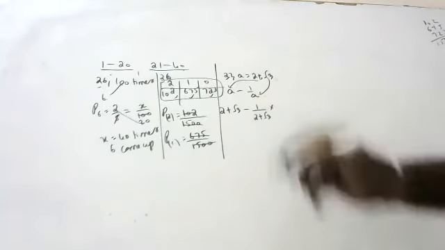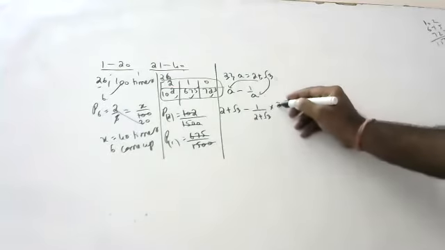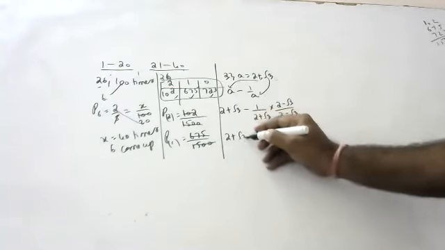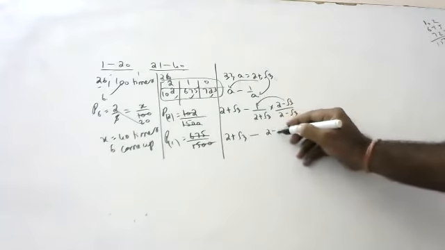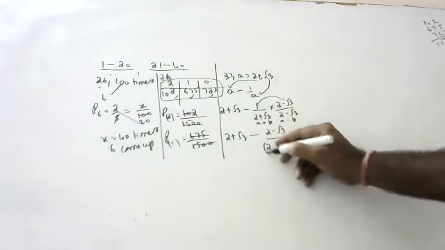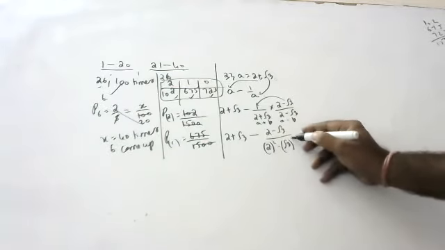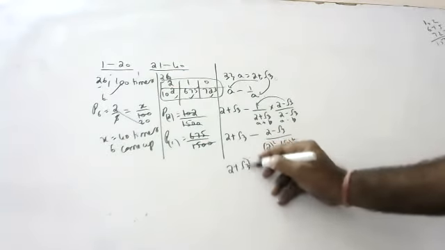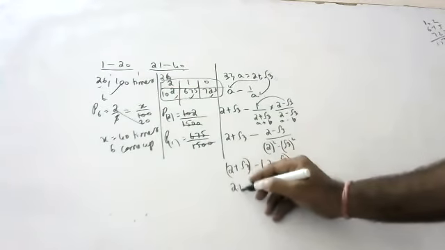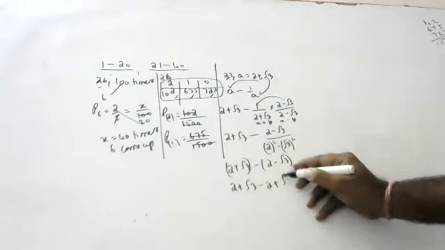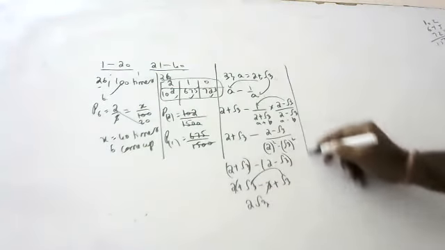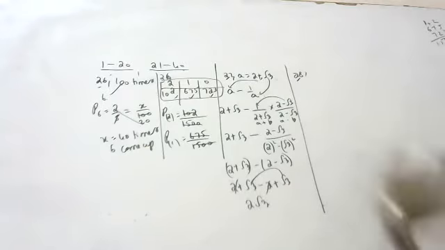Let's go for rationalization of the denominator: multiply by 2 minus root 3 by 2 minus root 3. 2 plus root 3 into 2 minus root 3 is in the form of A plus B into A minus B, which is nothing but A square minus B square. 4 minus 3 is 1, children. Open the brackets: 2 plus root 3 minus 2 plus root 3. 2 minus 2 cancel. Root 3 plus root 3, 2 root 3 is the answer. That's it, children. 2 root 3 is the answer.